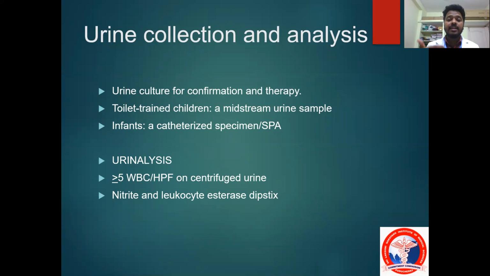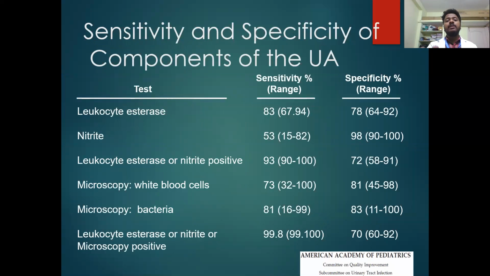Other dipstick tests which can aid in the diagnosis of UTI are nitrite and leukocyte tests. Here we can see the sensitivity and specificity of components of the urinalysis, given by the American Academy of Pediatrics. You can see the leukocyte esterase as a single test has more sensitivity among the other tests, and nitrite as a single test has more specificity compared to the other tests.